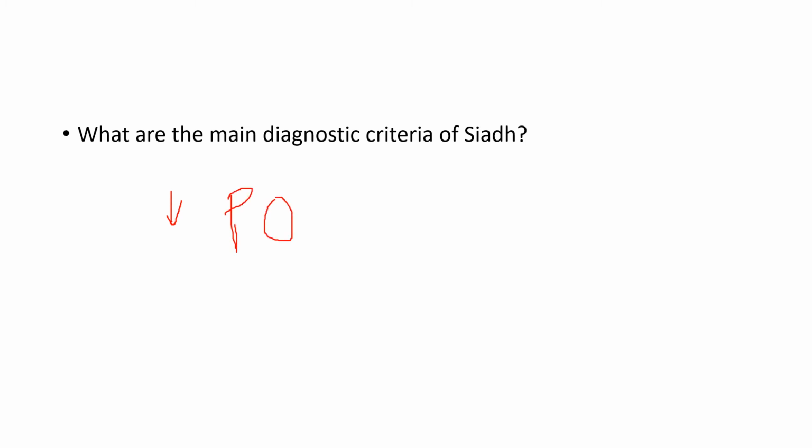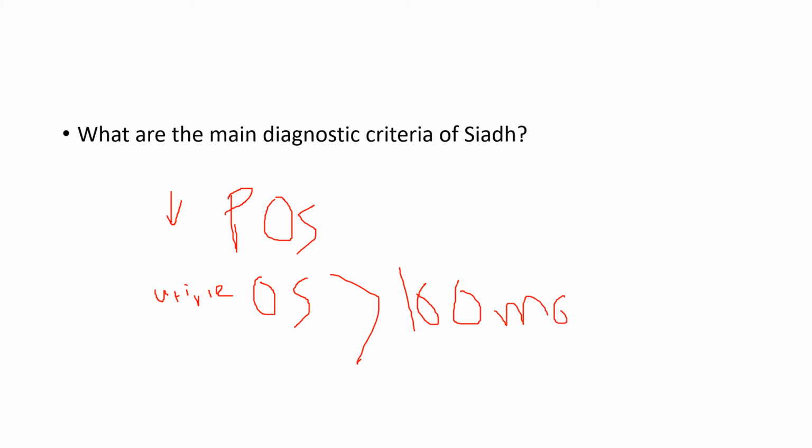Number 1. نمرة 2 اليورين osmolality دي مهمة. اليورين osmolality أكتر من 100 ملي أسمول بير كيج.